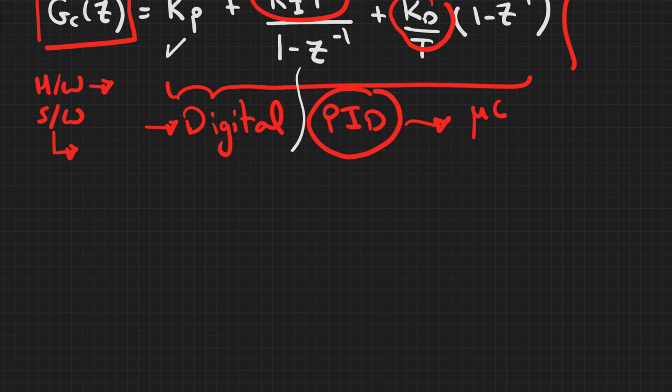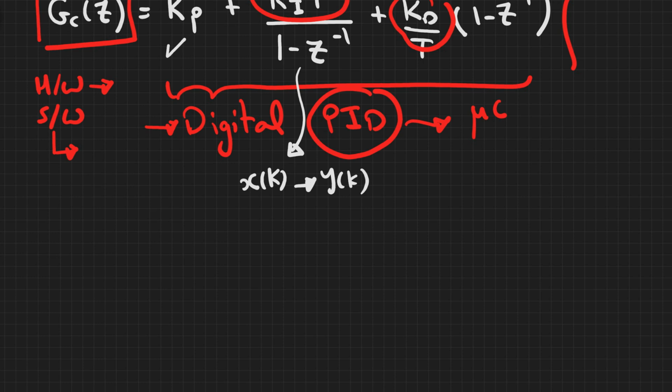So we have the proportional part, and then we have the integral part. It can be easily shown what the difference equation of this part is. Let's just say that for each of those components we have an input x of k and an output y of k.